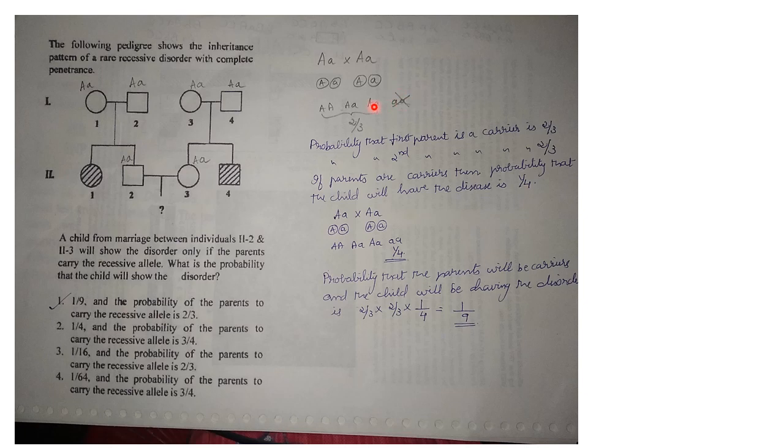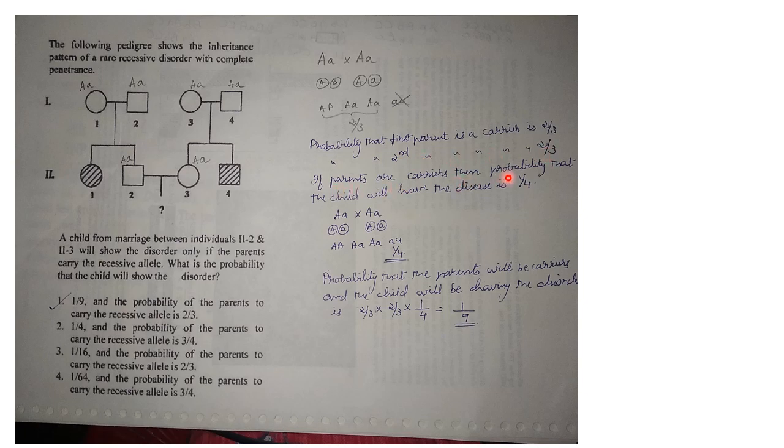Why? Because the 2-2 parent and 2-3 parent, they are not diseased. So you will consider only these 3. So out of that, the chance of the first parent, the father, being the carrier of the disease is 2/3. So the probability that the second parent is a carrier is also 2/3.